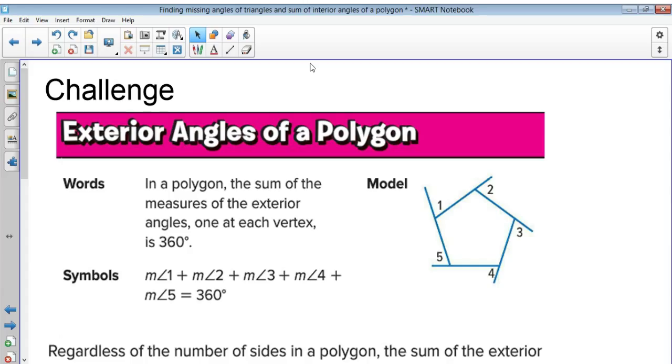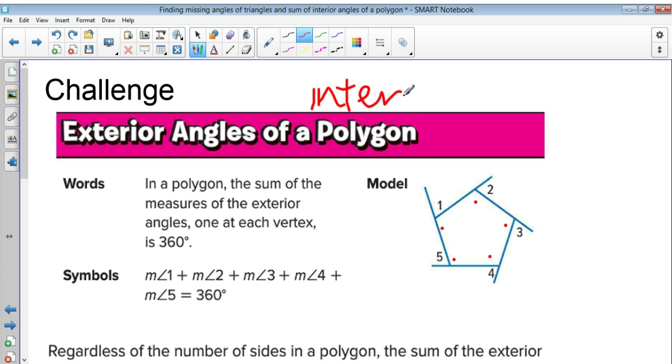Essentially, if I extend this line segment of the polygon, the angles that form linear pairs with the polygon are the exterior angles. Notice these are the interior angles, the angles on the inside of the polygon.